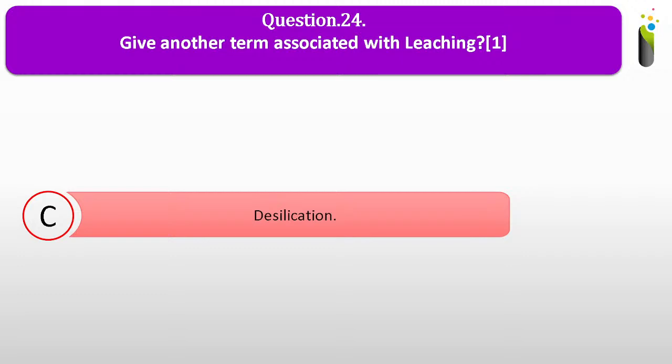And the correct answer for this question is desilication. So another term associated with leaching is desilication. Okay, de stands for removal. So it's a removal of the important salts. So it's desilication.